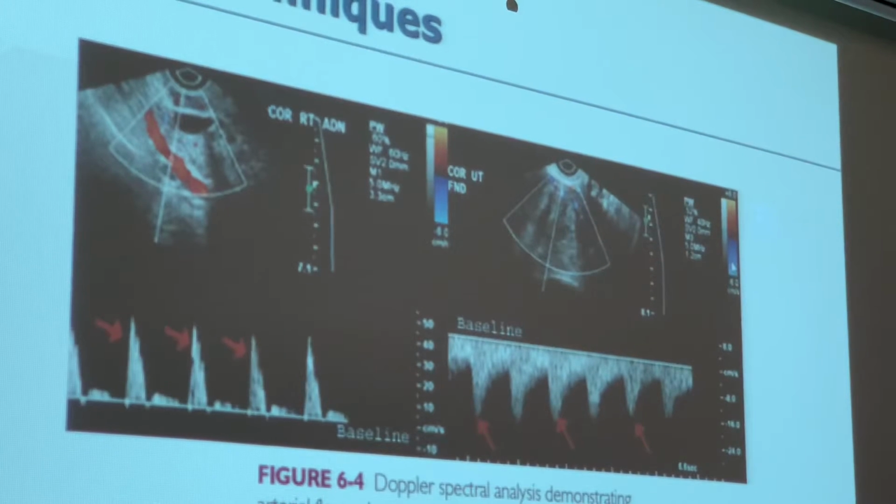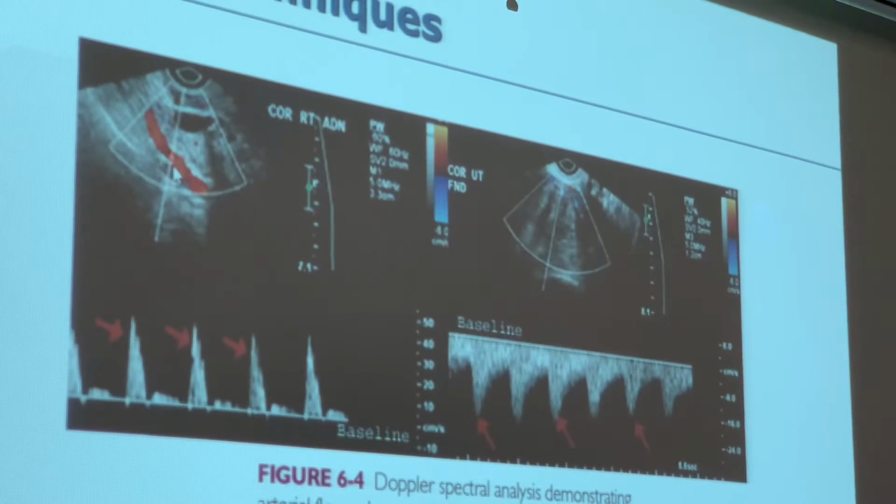Because blue is below the baseline, red is above the baseline. I'm in an artery, so I have no blue anywhere, so I can move my baseline down.